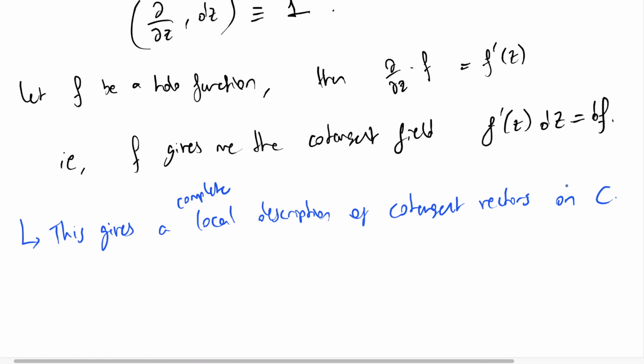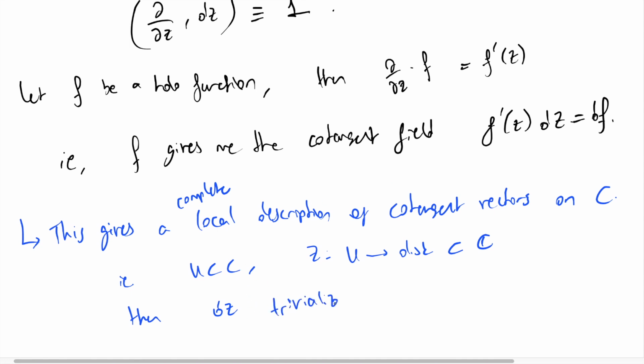local description. So if I choose a Euclidean open neighborhood U with a coordinate function z, then again dz is a cotangent vector field that trivializes the cotangent bundle. So I write that the cotangent bundle restricted to U has this section dz that is non-zero everywhere.